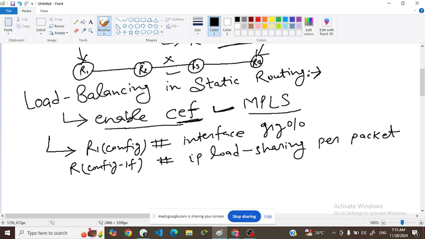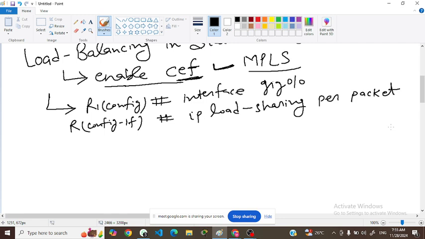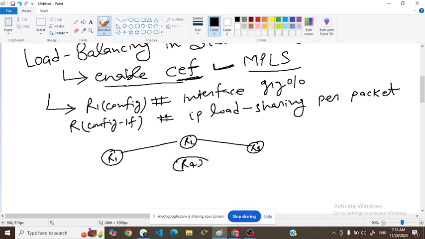Guys, try to understand this topic. Here, if you have multiple paths to reach from a source to a destination, and we want to send, suppose, 3,000 packets from R1 to R3.